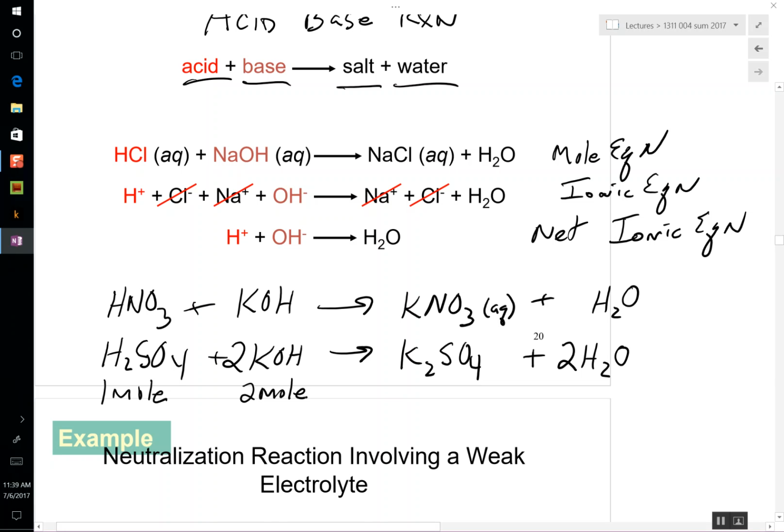One of these reacts with one of those to produce one of those and 1 water molecule. But one of these reacts with 2 of these to produce 2 molecules of water. That would be your net ionic equation, basically. 2 protons plus 2 hydroxides gives you 2 waters.